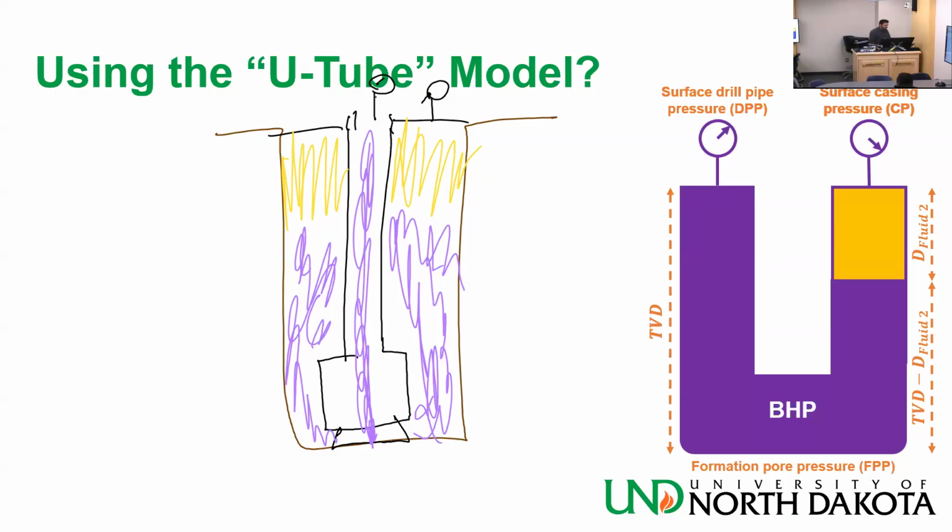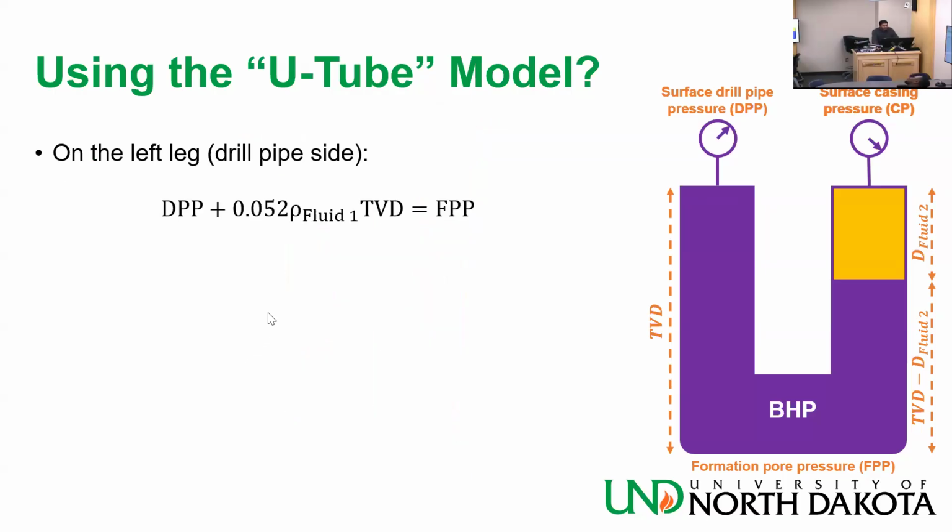I will erase it because I need to go over the bullet points. On the left leg, what is the equation? It's basically the drill pipe pressure plus this weight equals the formation pore pressure, right?